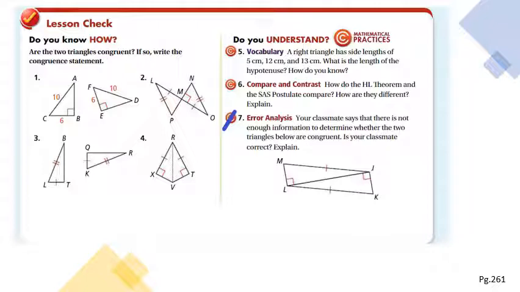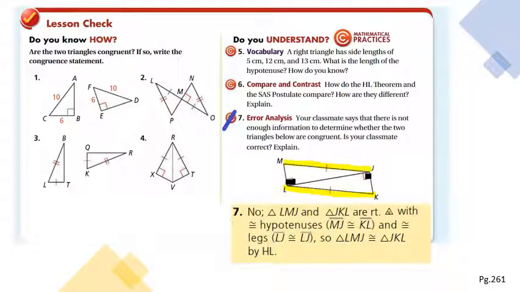Is it right? So let's check. Here we have the first one. This is the first pair, for right angles. Is it right? Okay, and then the second condition, this one and this. So we have one pair of congruent legs. Is it right?